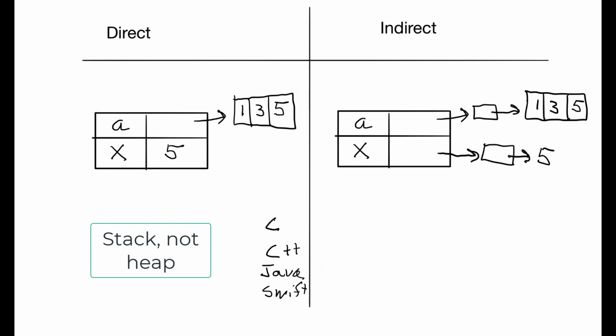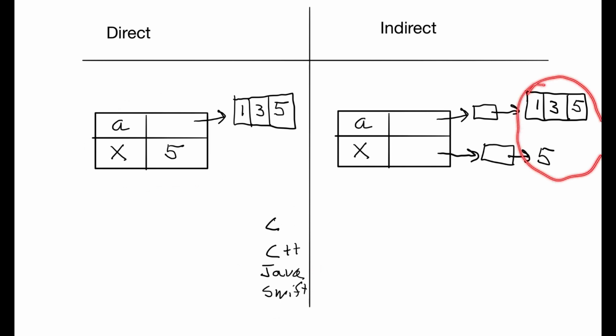So if we declare an array and we do not use new or malloc or calloc, then our array is stored directly. And we usually store that on the stack. Whereas if we use new or malloc, that means we have an indirect data model. The data is usually stored on the heap, and when we say A, we get a reference to the array that we created.